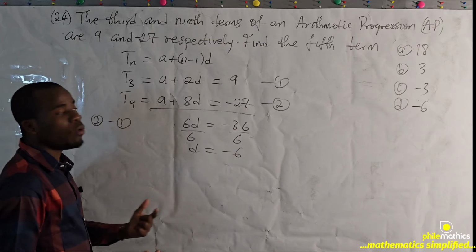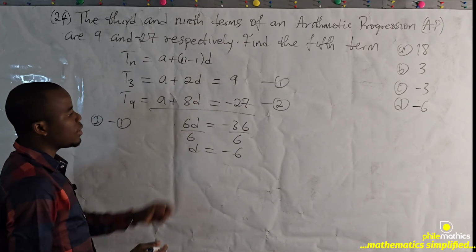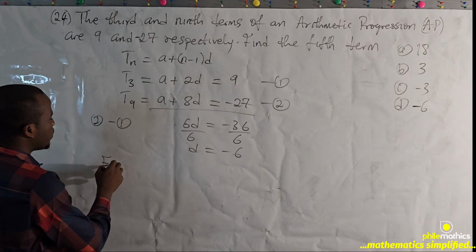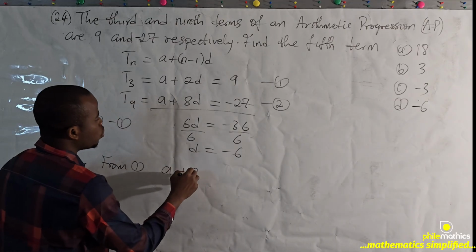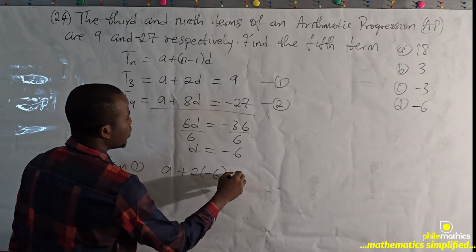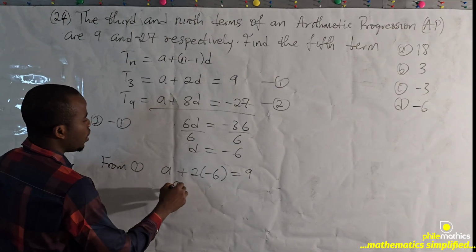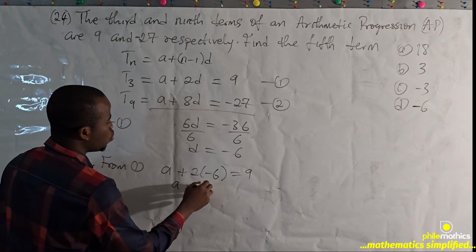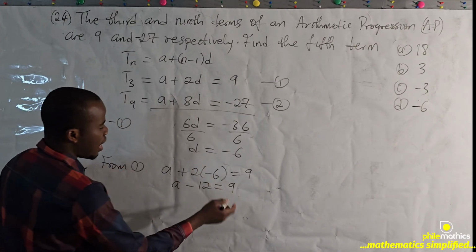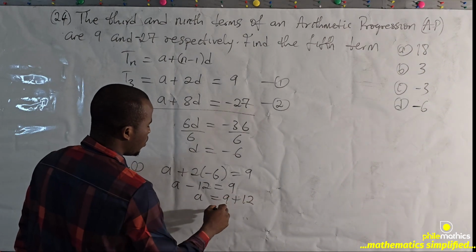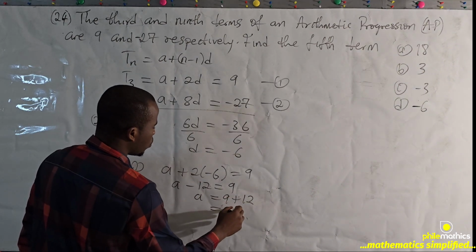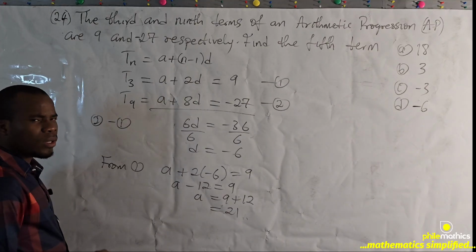We can proceed to find what A is using equation 1. So from 1, A plus 2 times minus 6 is 9. So A minus 12 equals 9. Add 12 to both sides. A is 9 plus 12, and this is 21. What are we looking for?